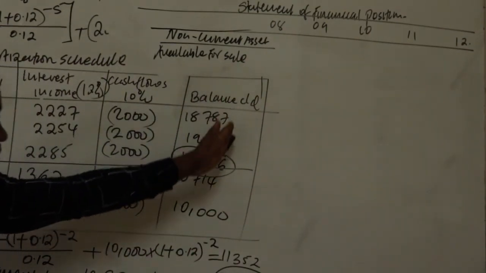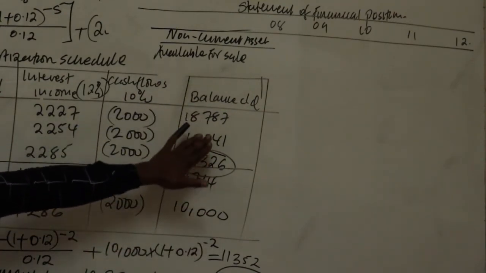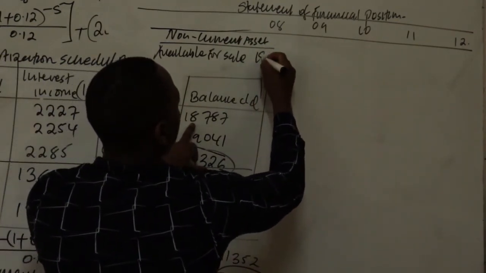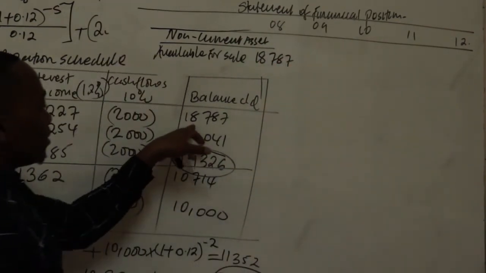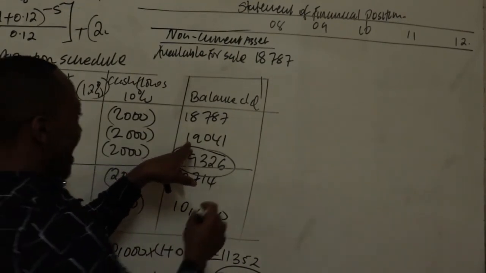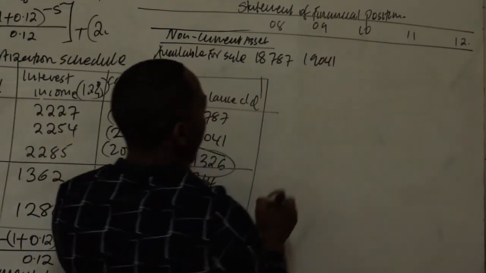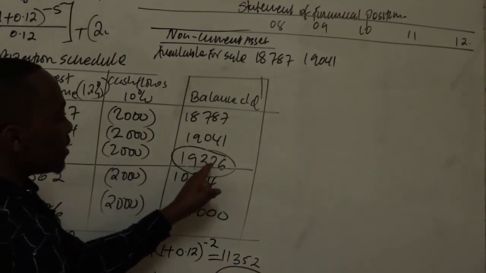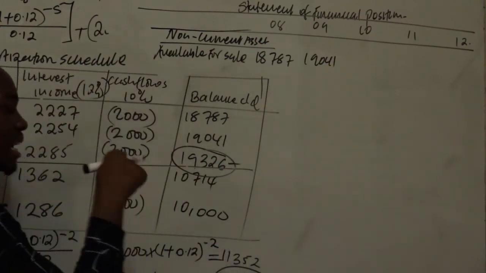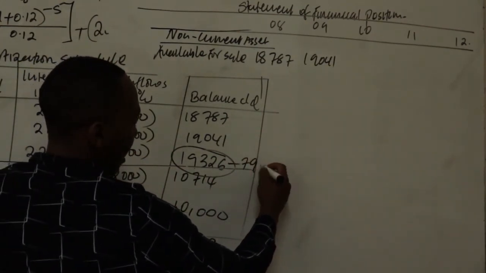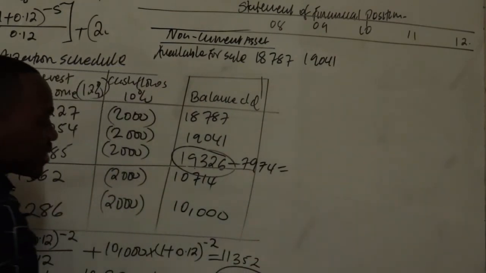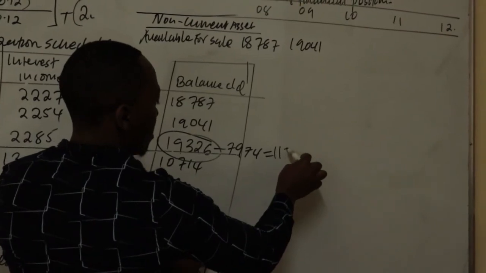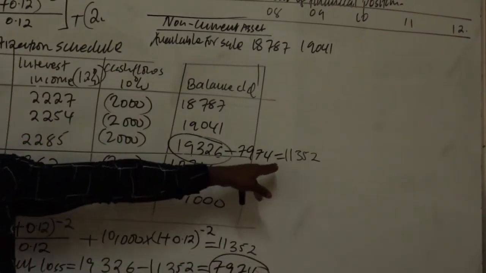So this is how we present. 2008, the balance carried down. What you got here from the amortization schedule as the balance carried down is what you show to the statement of financial position. 2008, we had 18,787. 2009 was 19,041. 2010, this is where we had the impairment. So it's 19,326. You deduct the impairment of 79.74, and you'll get the carrying amount, which is 11,352.